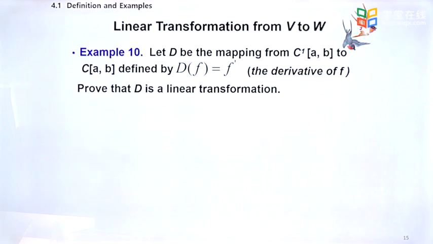Okay. Another example is about the differential operator. Let D be the mapping from C1[a,b] to C[a,b] defined by D of f equals the first order derivative of f. Prove that D is a linear transformation.